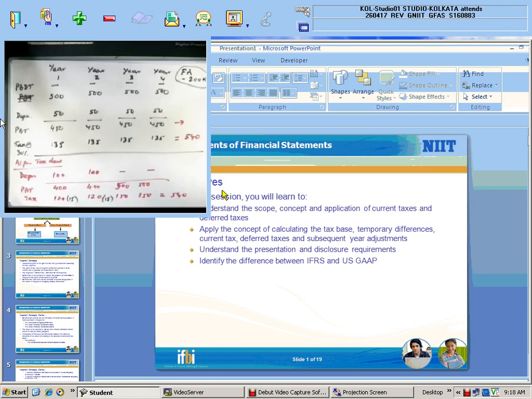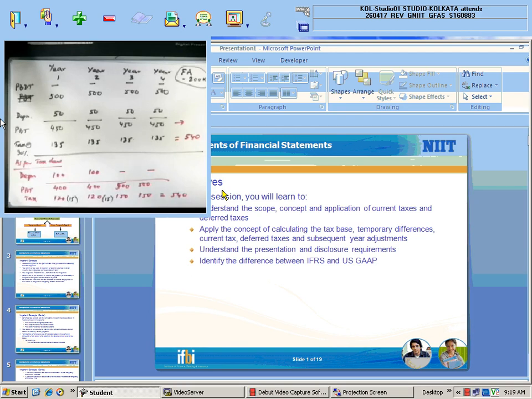Because of the temporary difference, we may have to create a deferred tax liability for paying taxes in the future. Or if you are paying more taxes in the current year compared to what is payable under the financial reporting standard, that will be treated as a deferred tax asset, which will be adjusted against taxes of future years. That is the concept of deferred tax accounting.